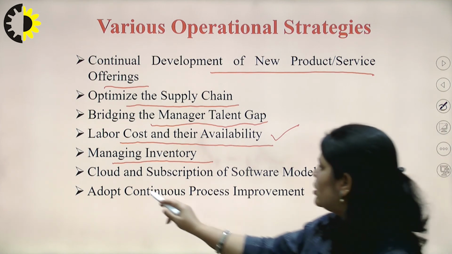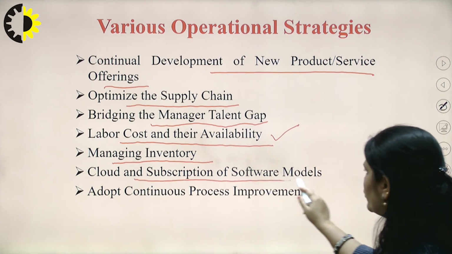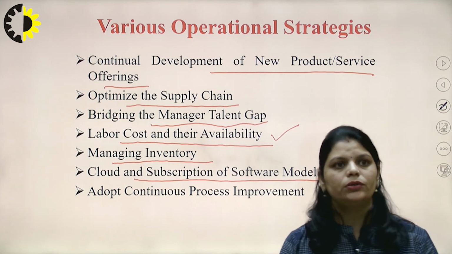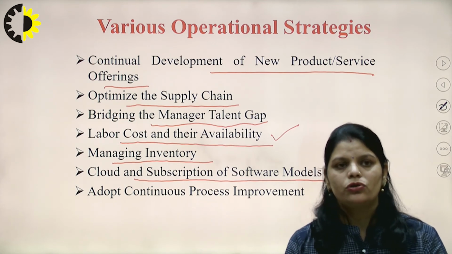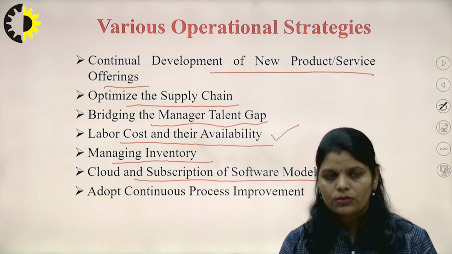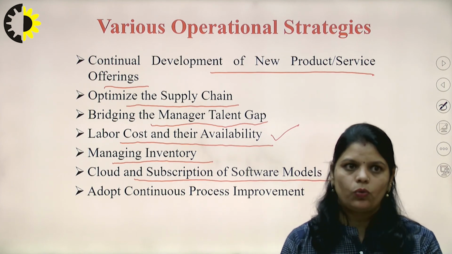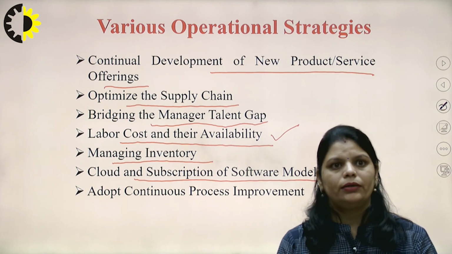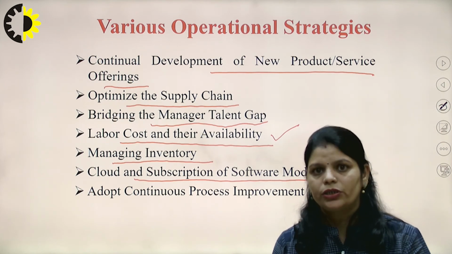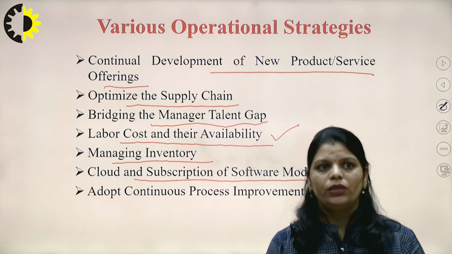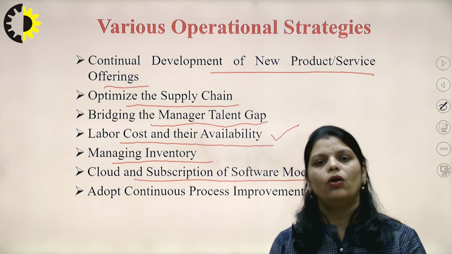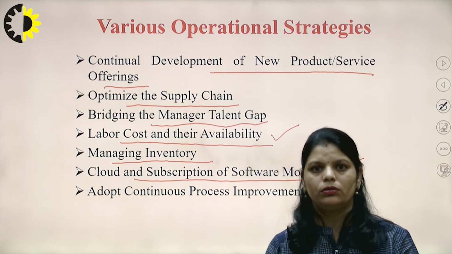Then we have the cloud and subscription of software models. Okay, so the trend, what will be the trend? The companies have been slow to replace the OMS, ERP and WMS systems because of the investment required. And the cloud and the subscription based system provides the opportunity to change without the investment in on-premise software. Clear?